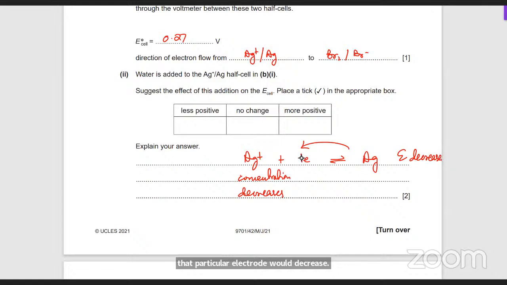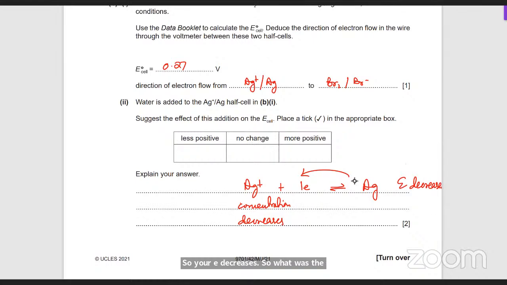So what was the E previously? The standard potential was 0.80 volts. Now it has decreased. Let me give some value, let's say it becomes 0.70 volts. Okay? So remember, diluting the solution, the equilibrium will shift backwards.